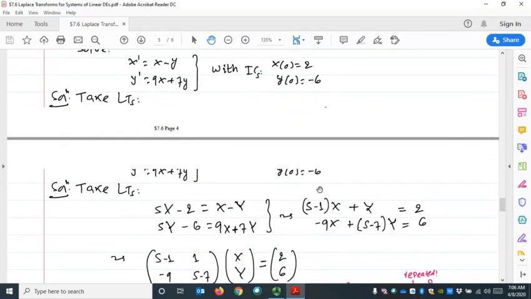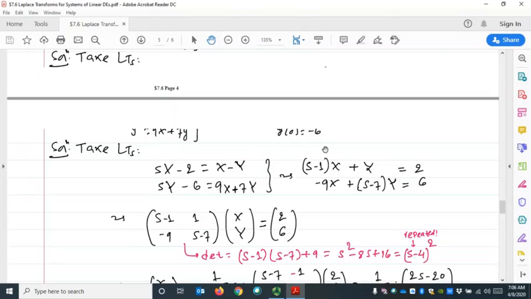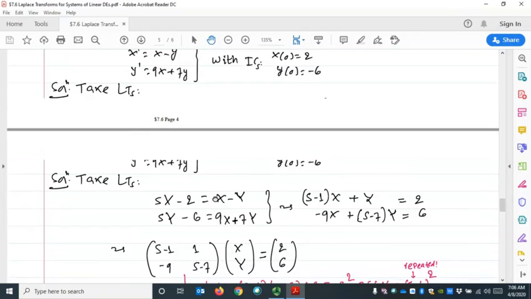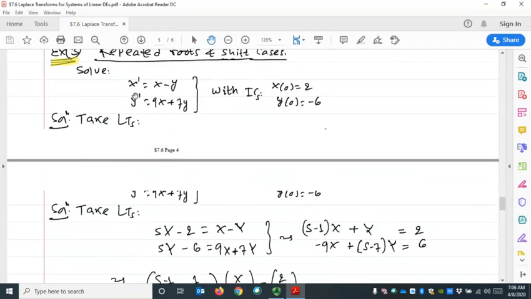So the idea, let's begin by taking the Laplace transform of each of the differential equations. The Laplace transform of little x prime is s times capital X minus x0, which is 2.